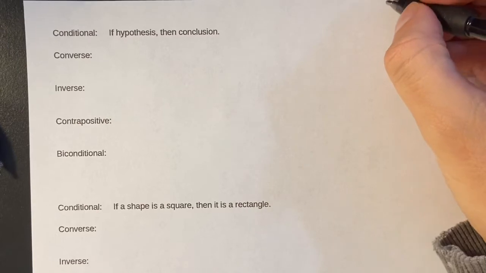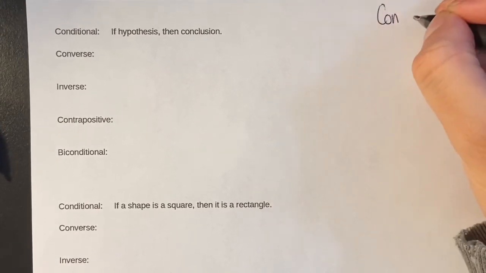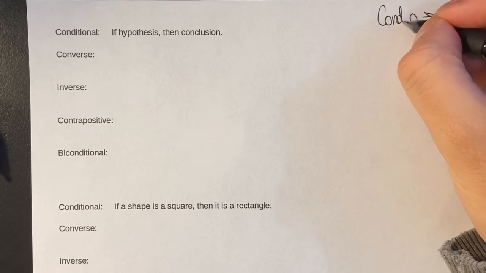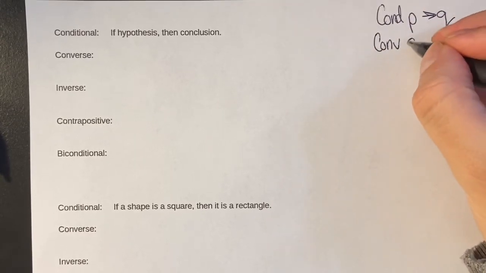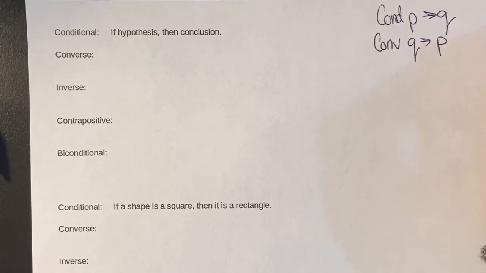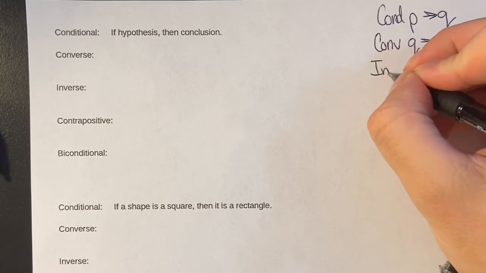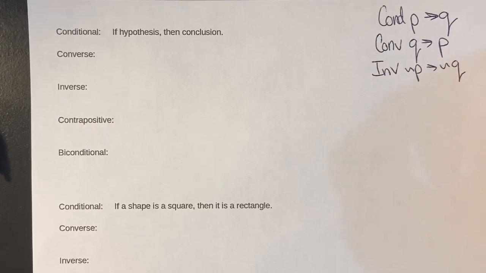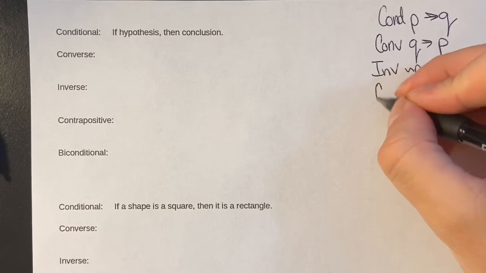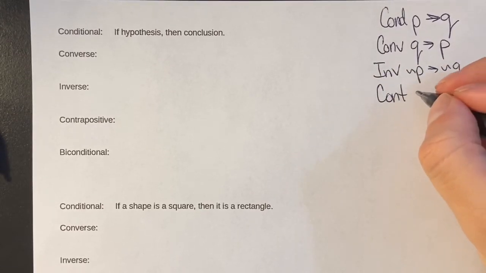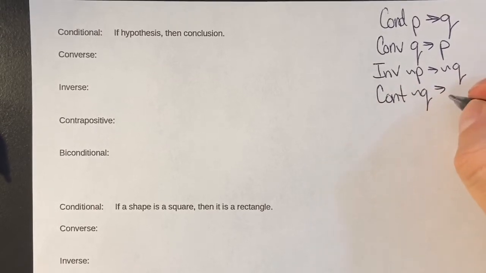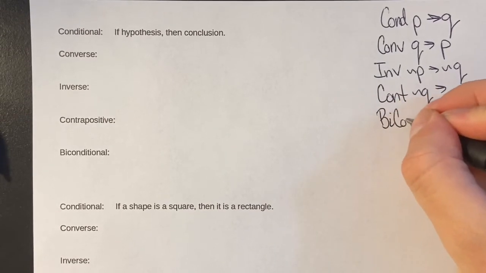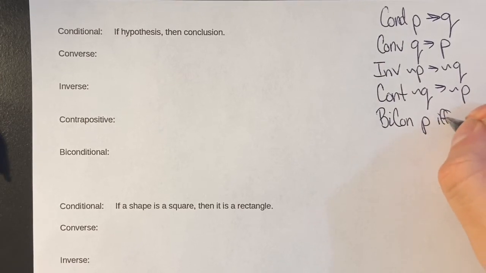Conditional statements are given to you as if P then Q. Its variations: the converse is if Q then P. The inverse is the negation of P, then the negation of Q. The contrapositive is going to be if the negation of Q, then the negation of P. And the biconditional is P if and only if Q.